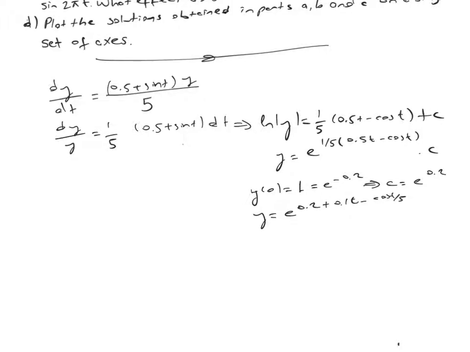In part A, we are asked to find the time tau at which the population has doubled. We know y0 is equal to 1. So, if tau is our doubling time, then y tau will be equal to 2. Let's use this in our equation.